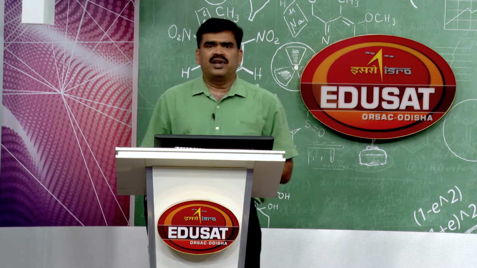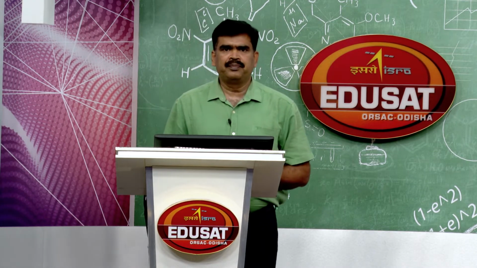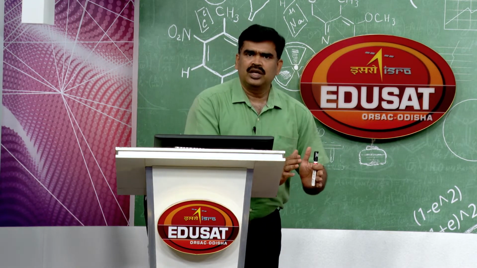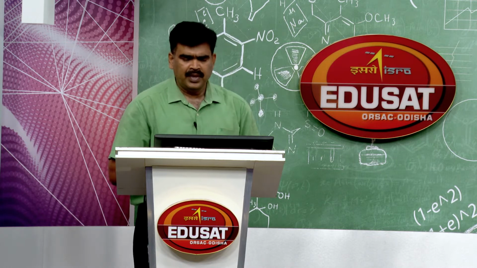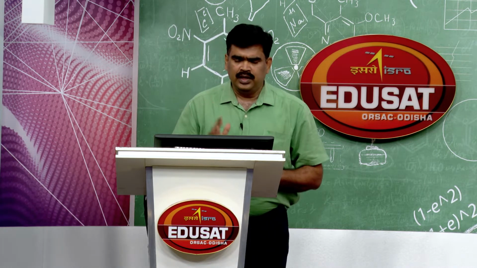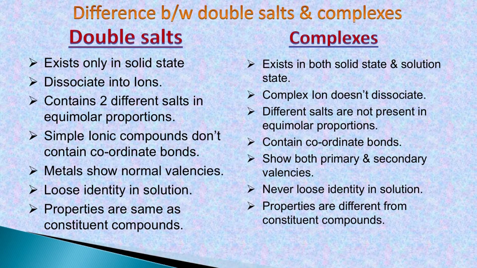So what are the differences between double salts and complexes? You see, double salts have existence only in the solid state, but complexes have existence both in the solid state and in solution.